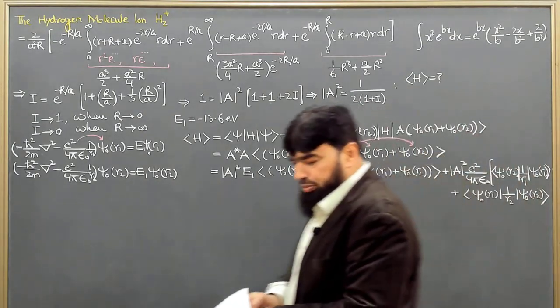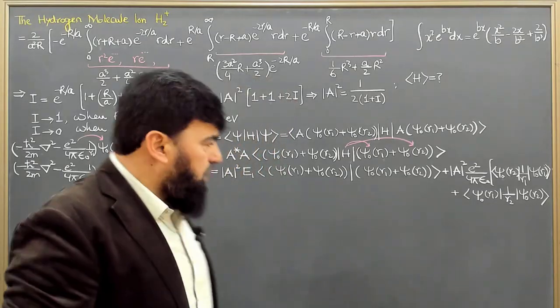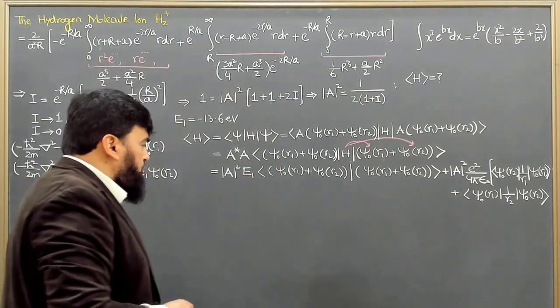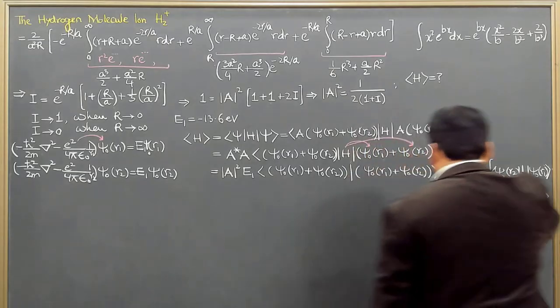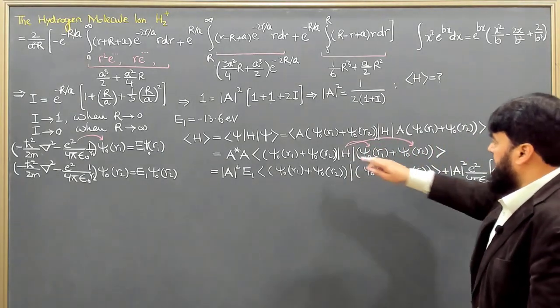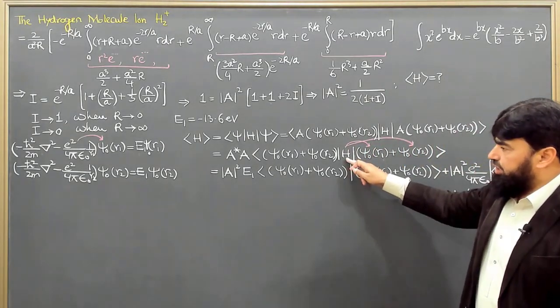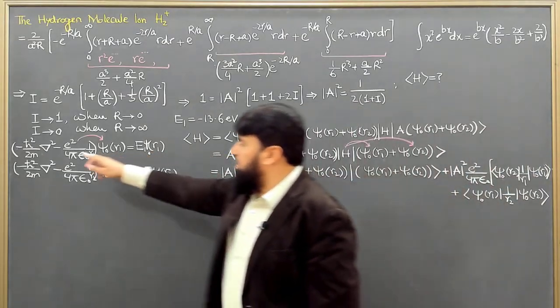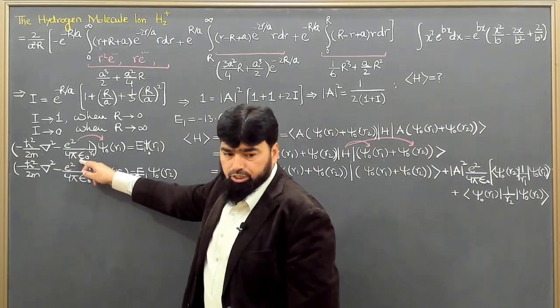Now let me explain this thing so that it shouldn't cause confusion about why we have done this. When I write H here, then H is having all these two included.